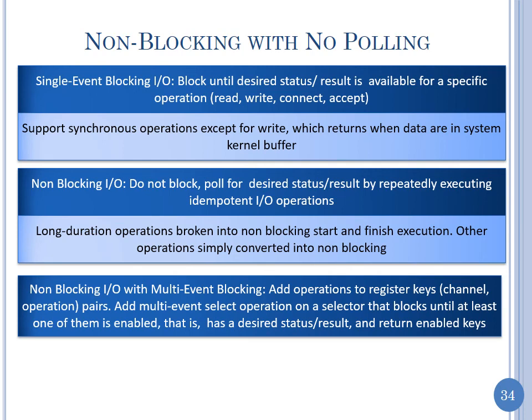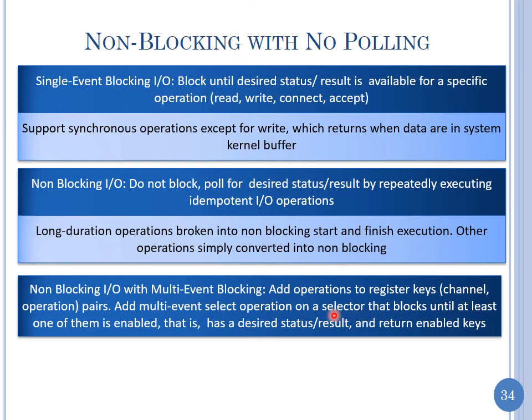Okay. And then we went to NIO, which is arguably harder to use, and it has blocking. Okay, so even though NIO stands for non-blocking IO, the IO is non-blocking. So each of these 4 operations, read, write, connect, and accept, do not block. They just return what they would return here. But it tells you when to invoke these operations. Okay, you don't poll for them, you do another operation, which is the select operation, which is invoked on a selector object.